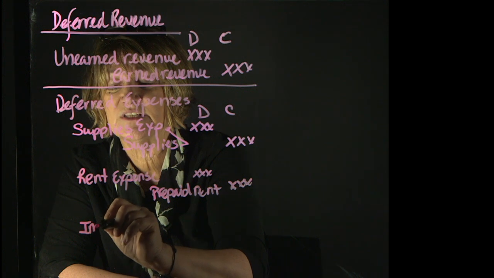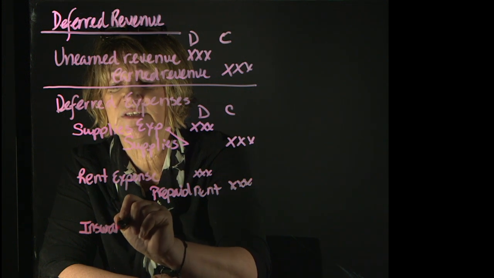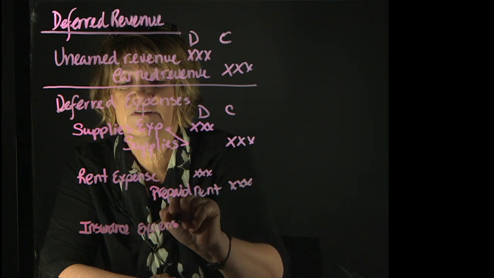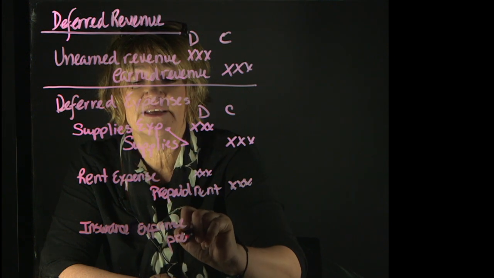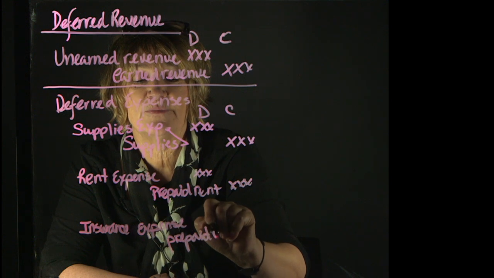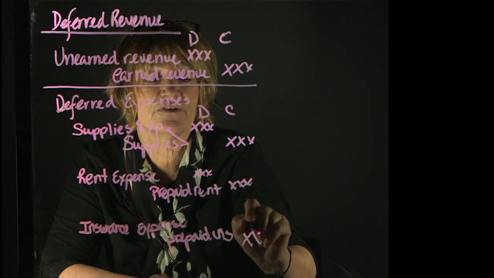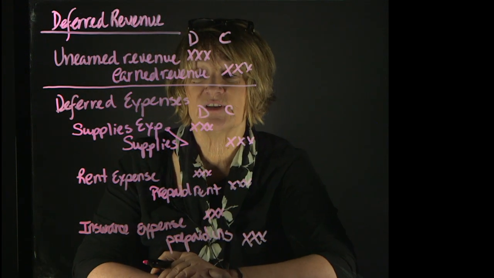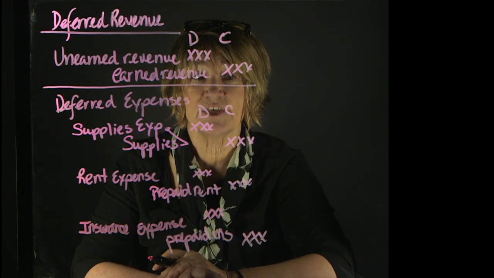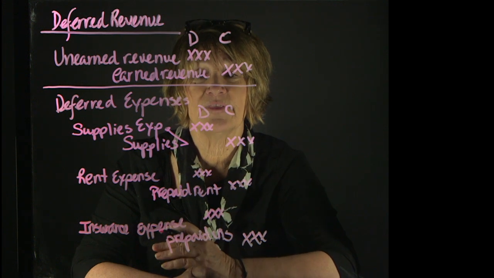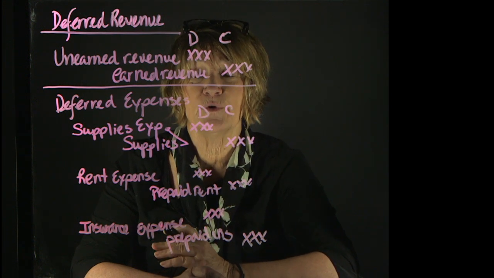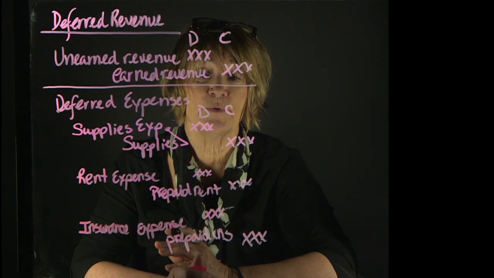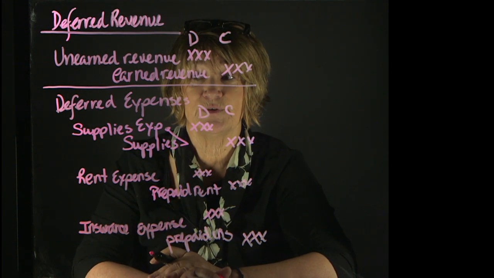And the other one that we talk about in adjusting entries is insurance expense. And that would be credited against the asset prepaid insurance, because now we've used up that month of insurance. So like if you pay your auto insurance a year at a time, every month that goes by, if you were to leave that company, they wouldn't owe you a refund. They would only owe you a refund for the months you haven't used yet.